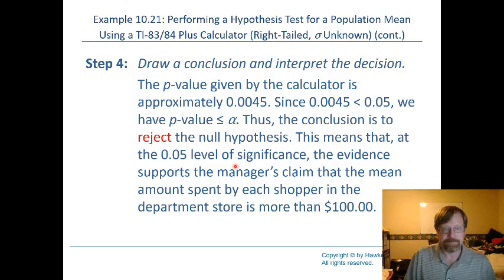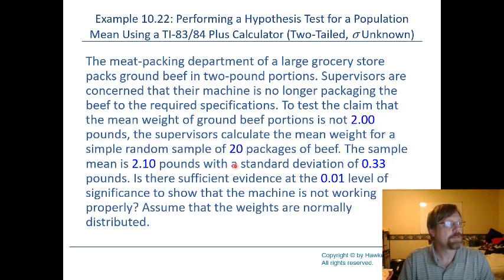Okay, next example. We have the meat packing department of a large grocery store. They put ground beef in 2-pound portions. The supervisors are worried that the machine isn't working right and that the mean weight of ground beef portions is not 2 anymore.